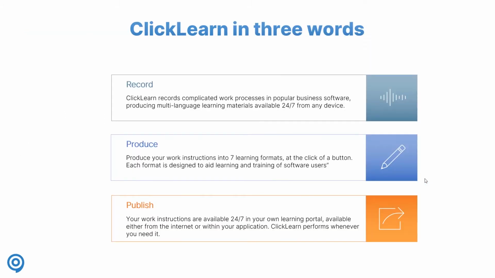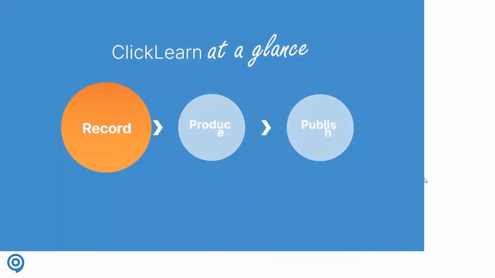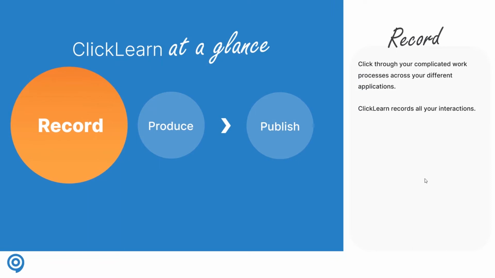If we shortly touch base on how to describe ClickLearn, there are 3 words I want to focus on. ClickLearn can simply record, produce, and publish all your learning materials for you. If we deep dive into the record part, ClickLearn is not a screen recorder. ClickLearn has the capability of understanding your business application, which means we only capture the recording when you interact with the system.